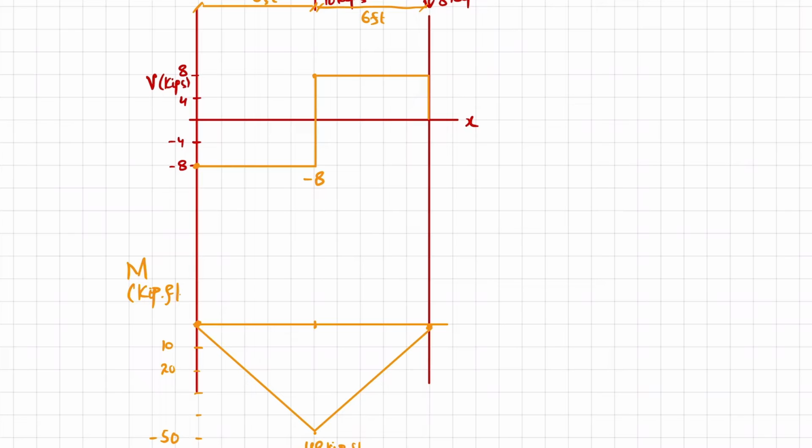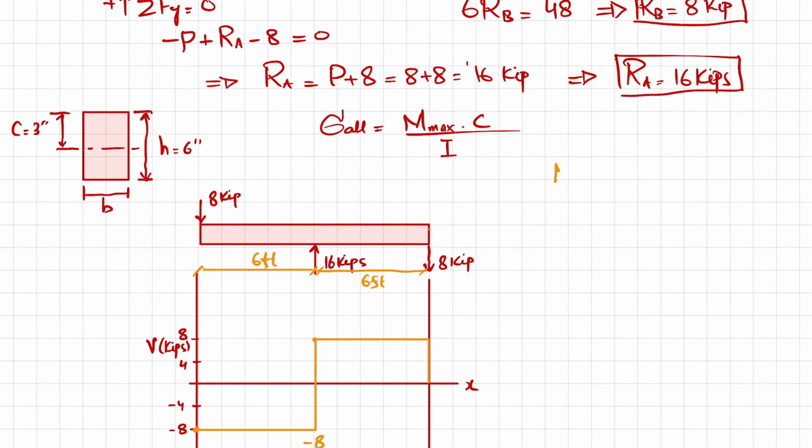Now from here you will get that the maximum bending moment, mod of maximum bending moment, is 48 kips-feet, and in terms of inches it will be equal to 48 multiplied by 12 kips-inch.